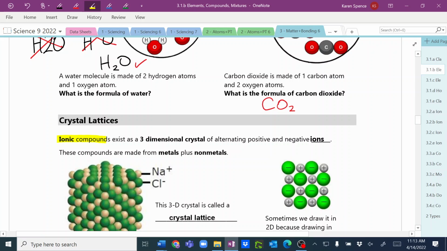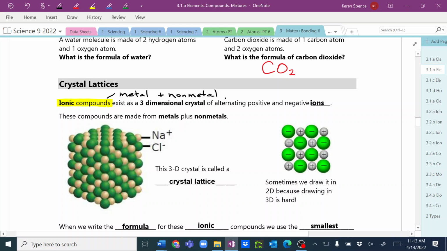So ionic compounds are between metal and nonmetal. And as the name says, they are made of what type of particle? Ionic compounds are made from ions. Metal and nonmetal, but they're made from ions because they're ionic compounds, yes? So made from metals plus nonmetals.